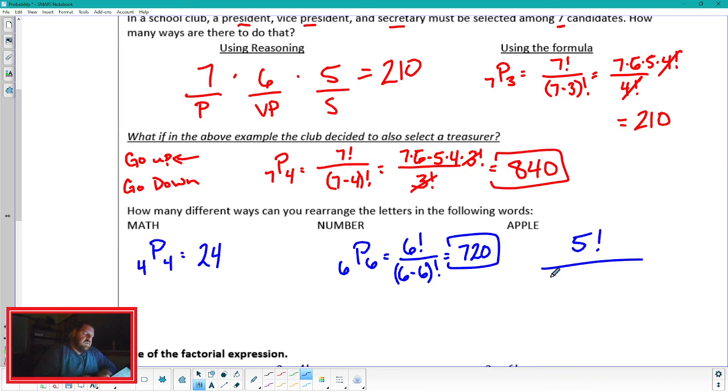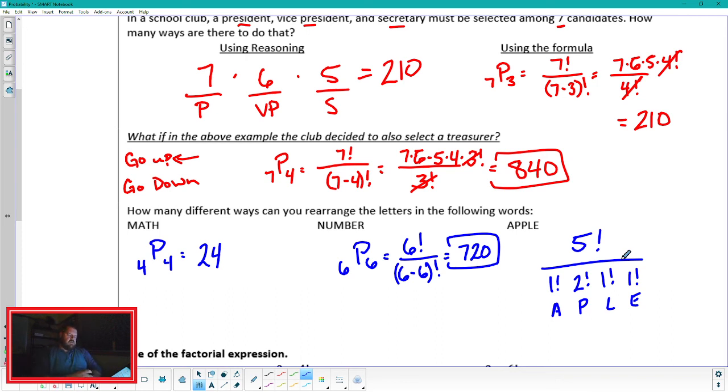So what we would need to do is say, well, it's 1 factorial because the A is repeated once. It's 2 factorial because there's 2 P's. It's 1 factorial for the 1 L and 1 factorial for the 1 E. Whatever we put on the bottom is a way to get rid of options where we have those 2 P's in opposite locations.